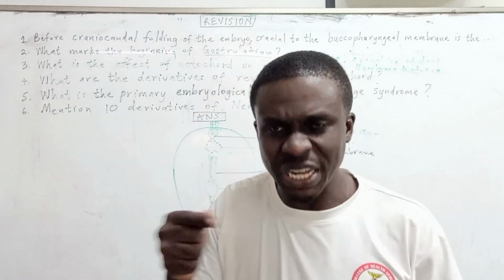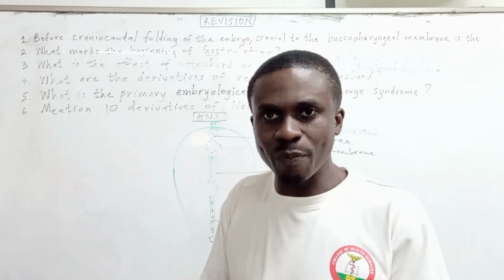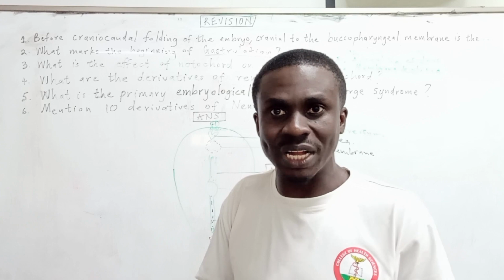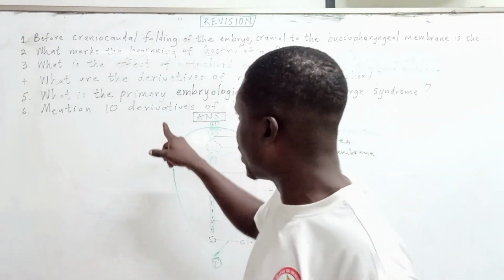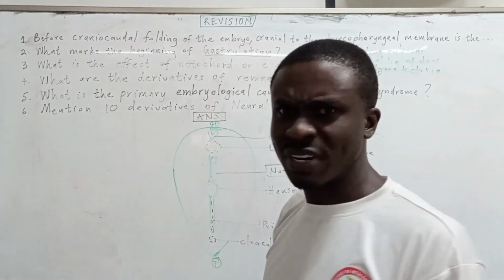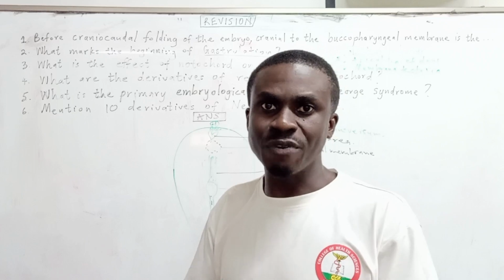So what is the main embryological origin? It is the non-migration and non-development, the inability of neural crest cells to develop very well and to migrate to where they are supposed to be. That will lead to what we call DiGeorge syndrome. That's the main embryological problem that you have to be aware of.